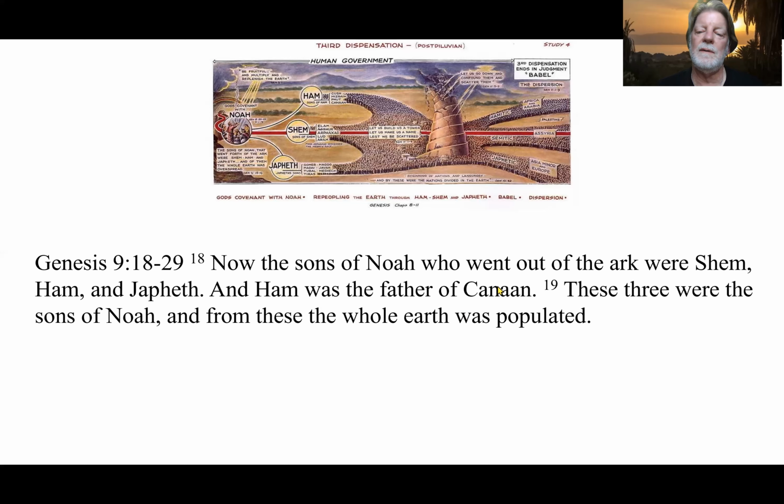Canaan, the Canaanites who would populate the promised land before it was inherited by the Jewish people, were from the Hamitic line. And on our chart here, it talks about the Hamitic people settling in Africa and Arabia.